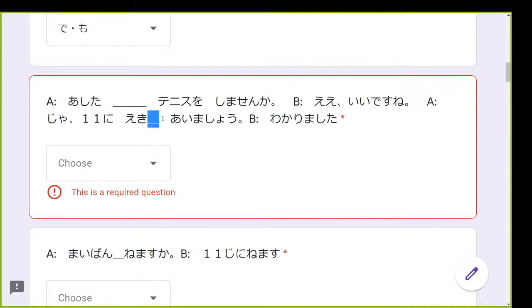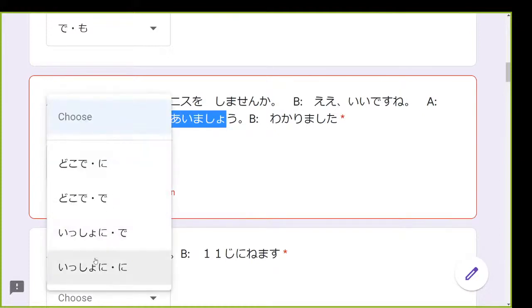How about this one? 駅に会いましょう。Okay, issho ni, then eki ni aimashou.